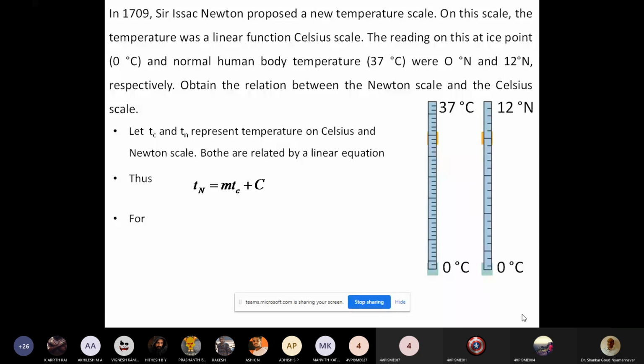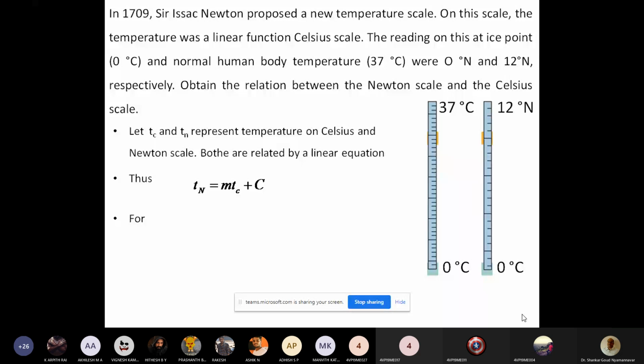Then the states in between were divided linearly into 100 equal parts. Otherwise there is no logic behind that. There is no reason why the difference between the steam point and the ice point should be 100. They just arbitrarily chose it and called it 100.